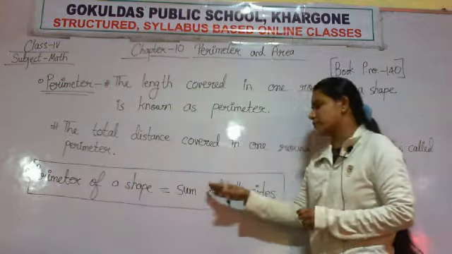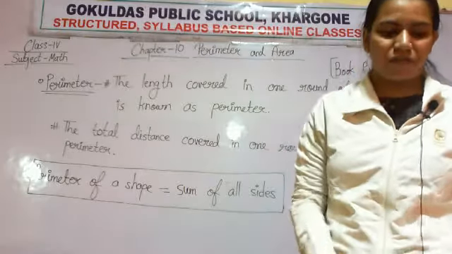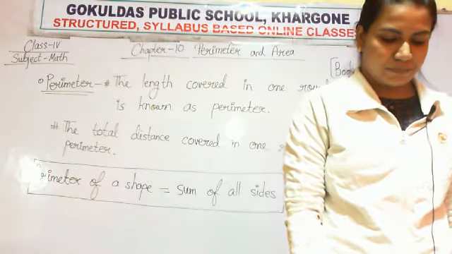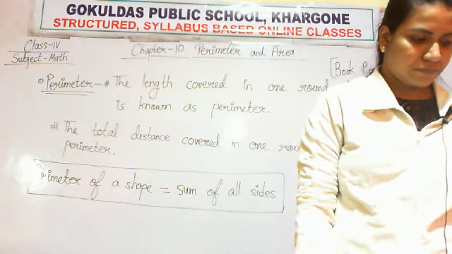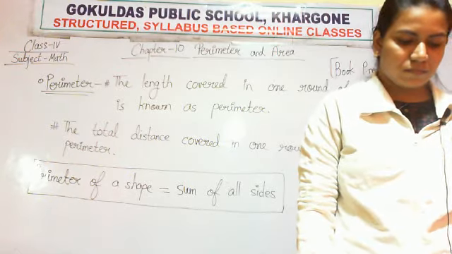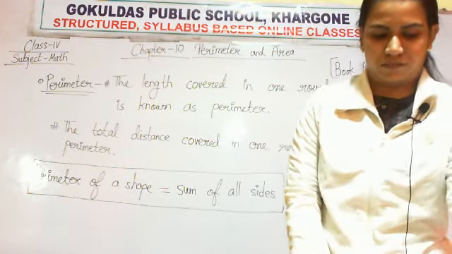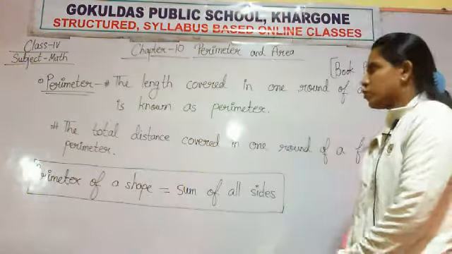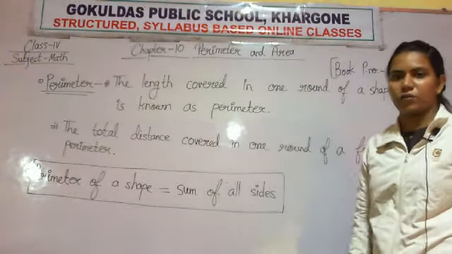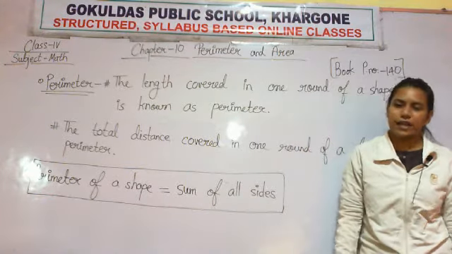Perimeter of a shape is equals to sum of all sides.